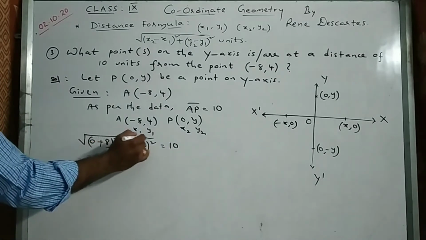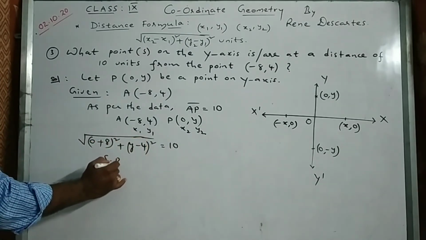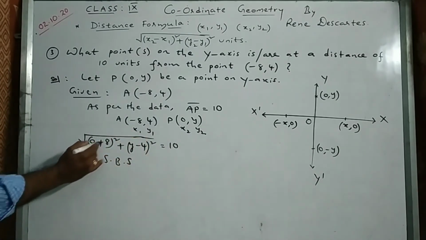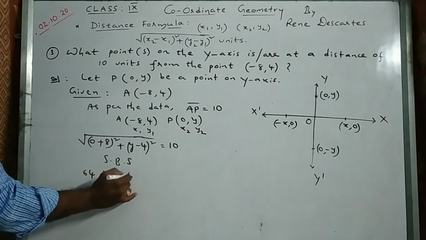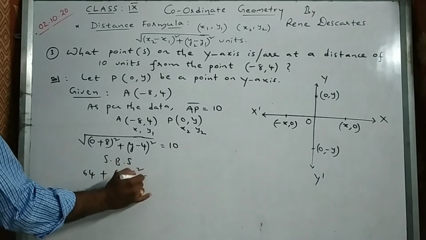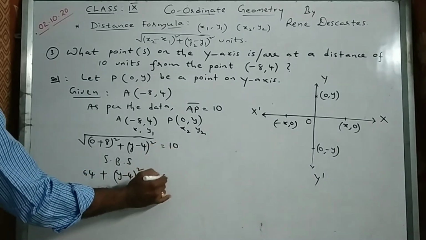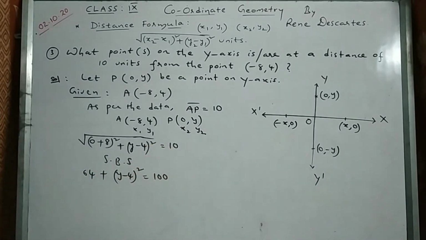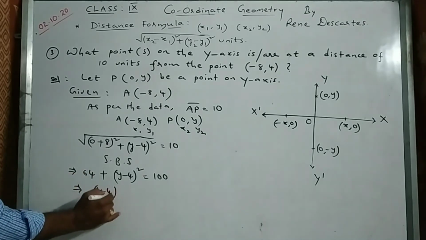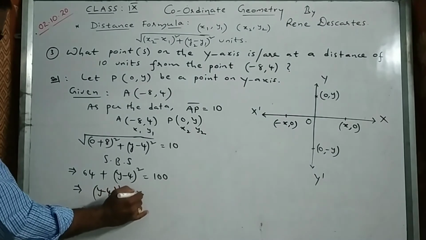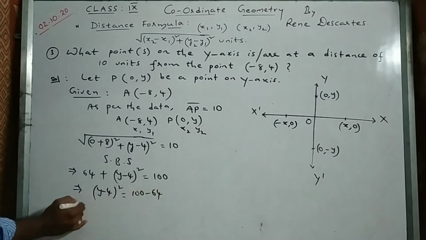Equal to 10. So to remove the square root, I will take squaring on both sides. So 8 square means 64 plus y minus 4 whole square equal to 10 square means how much? 100. Did you understand here? Squaring on both sides means square and root will be cancelled. So y minus 4 whole square equal to 100 minus 64.